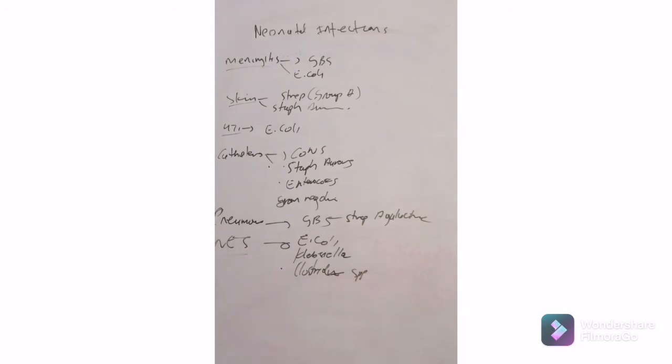Clostridium species. Yeah, so these are the most common neonatal infections. These are the most common pathogens. So what we need to do, in another video we're going to talk about the antibiotics.